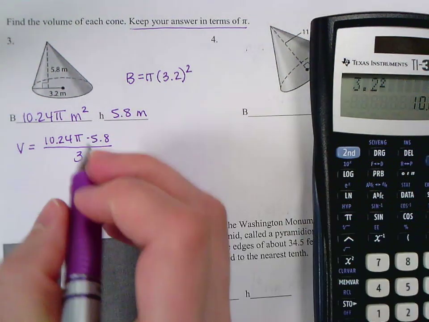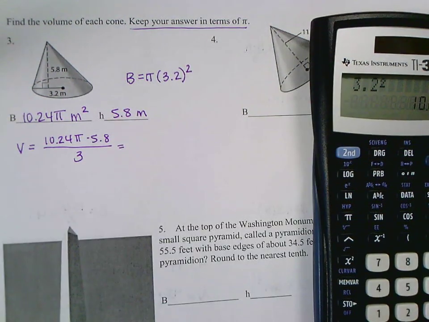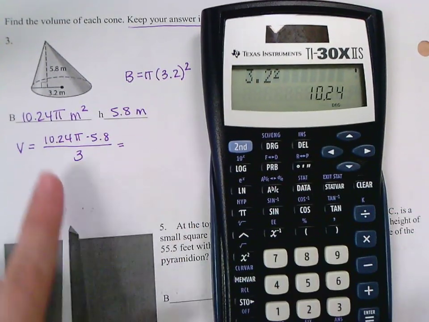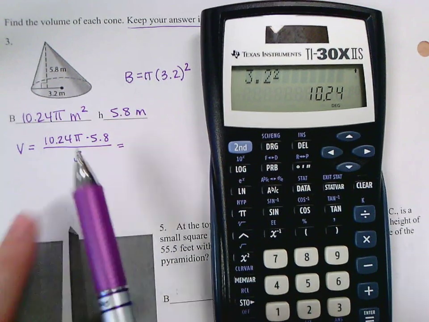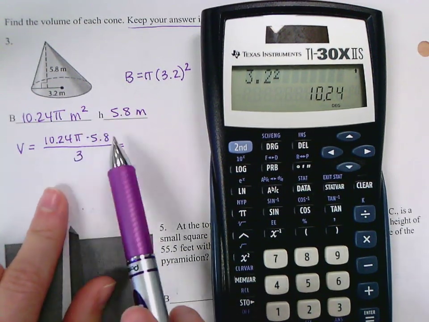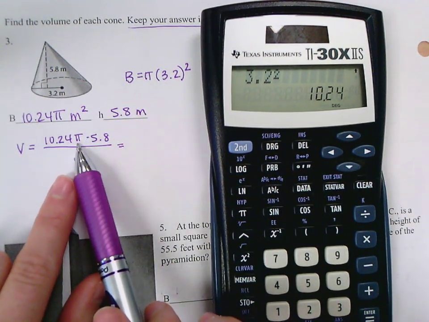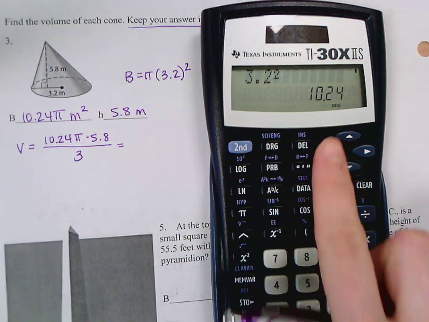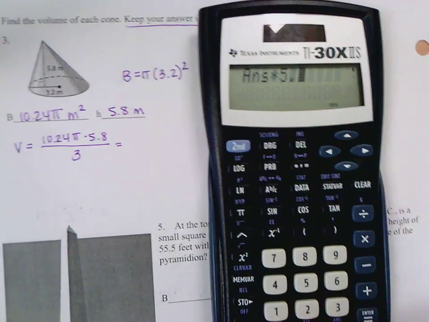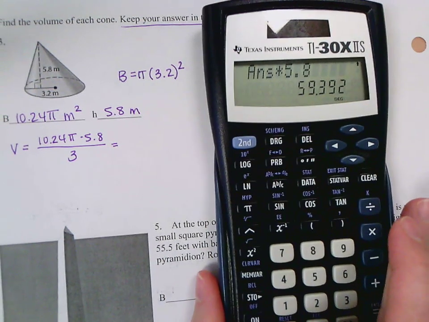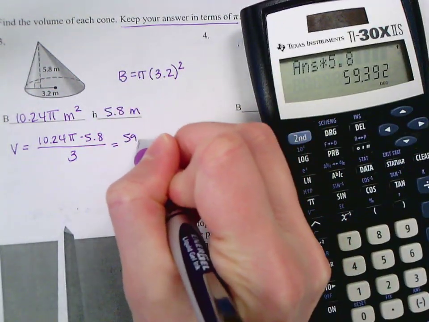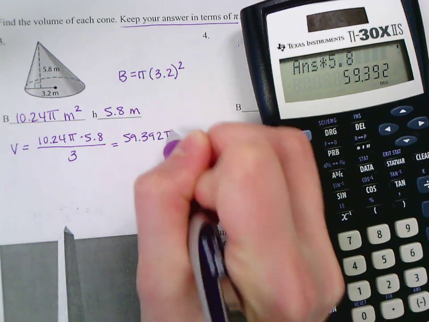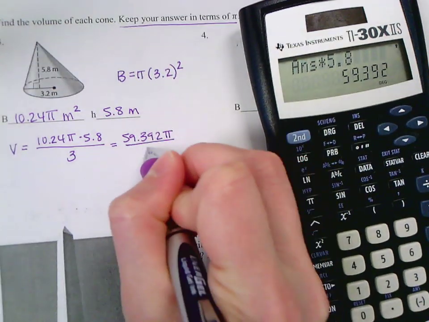If I wanted you to leave your answer in fully exact form, or rather to leave just pi in your answer, along the top, I can multiply the 10.24 and the 5.8, but leave the pi there. So if I take the 10.24 multiplied by 5.8, this would be 59.392. I'd still have pi, and then that's divided by 3.